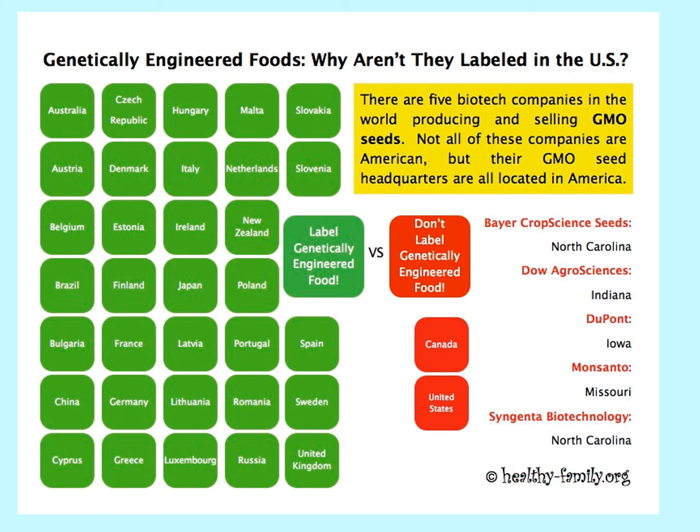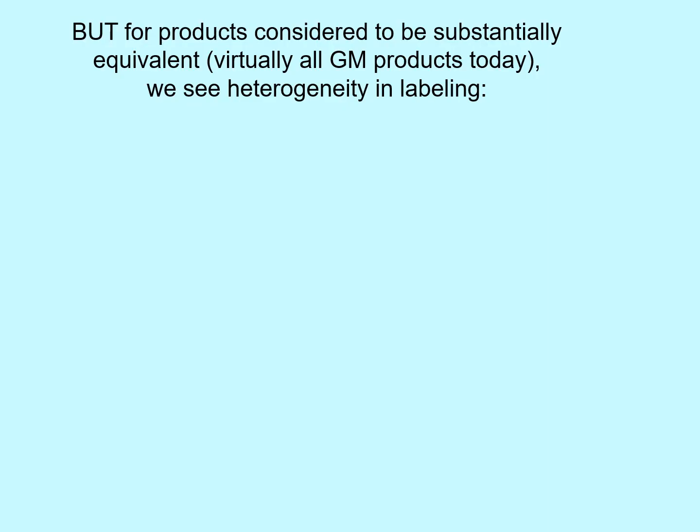Again, a little bit out of date in terms of the names of these companies, but there are 5 biotech companies in the world producing and selling genetically modified seeds. And even though not all of these companies are American, their genetically modified seed headquarters are all located in America. But for products that are considered to be substantially equivalent, which is virtually all genetically modified products today, we see heterogeneity in labeling.